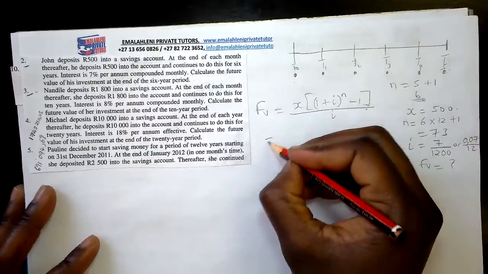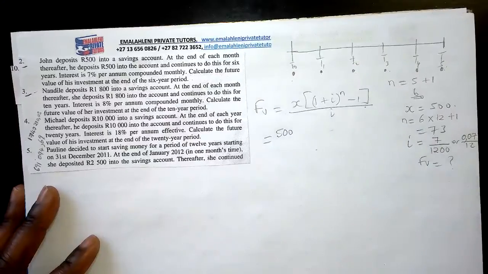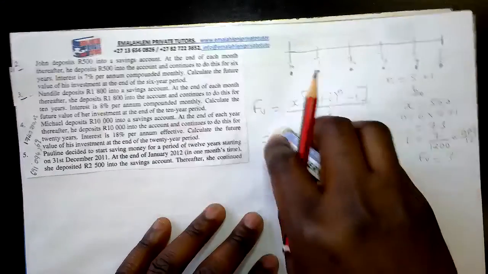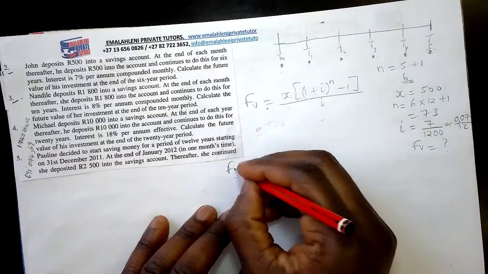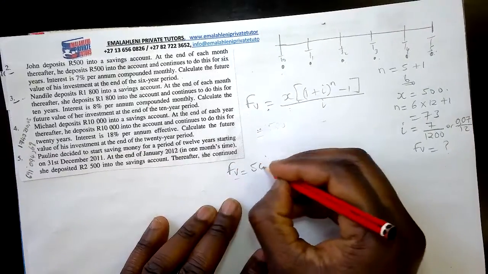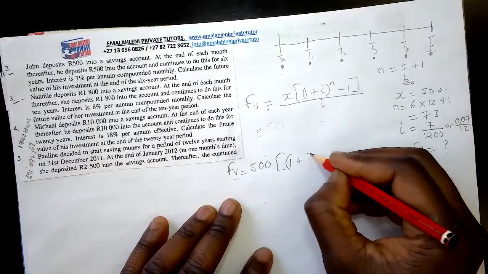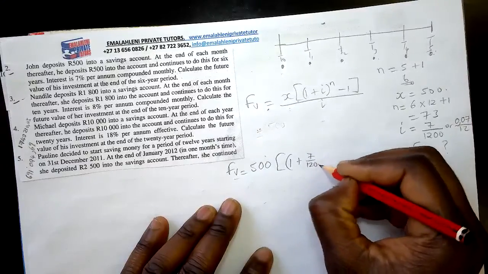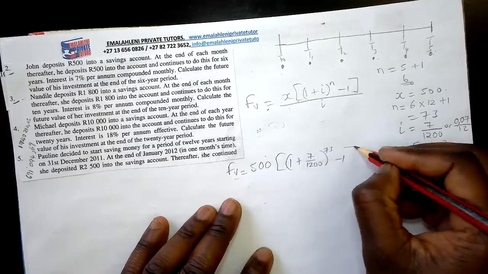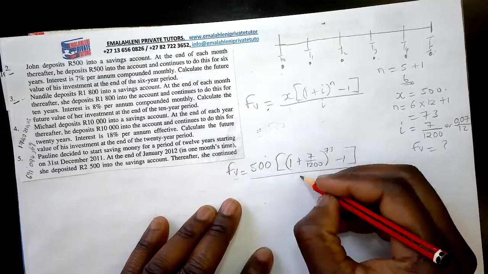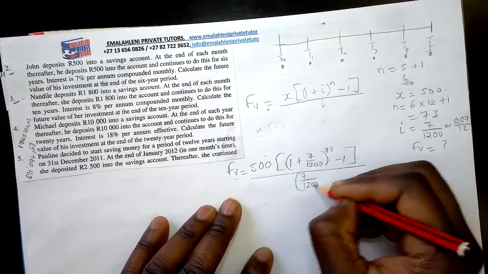Okay, now let's put our values here. X is going to be equal to 500. Let me say FV is going to be equal to 500 in bracket, 1 plus, what is our I? 7 over 1200, to the power of 73 minus 1. We close that, over 7 over 1200. We'll put that in brackets.